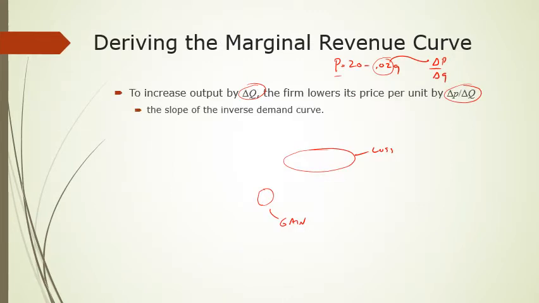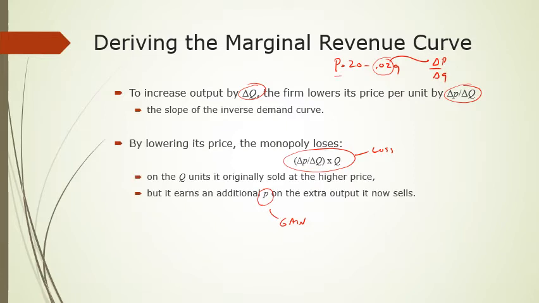Okay, so to increase output, the firm lowers its price per unit. So the change in price divided by change in Q, where change in Q is just 1, is equal to the slope of the inverse demand curve.